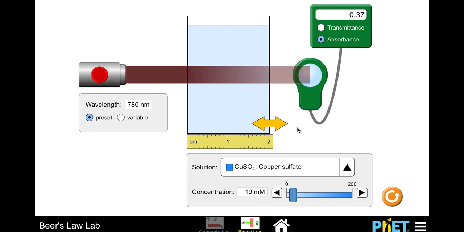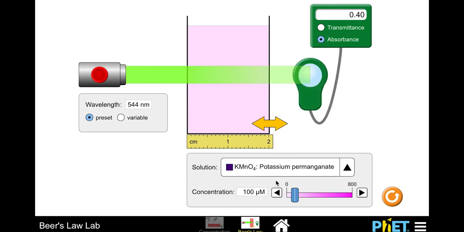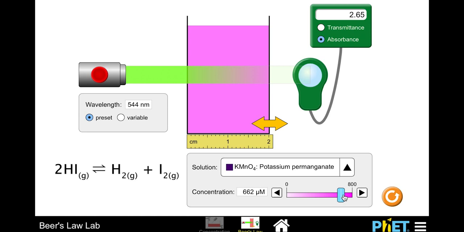Iodine is mostly purple in an inert solvent or in the gaseous state, similar to the color of potassium permanganate. So we start with colorless hydrogen iodide. As the reaction progresses, there is an increase in the concentration of purple iodine vapor, so the color intensity increases.